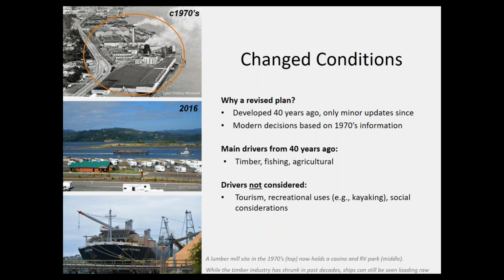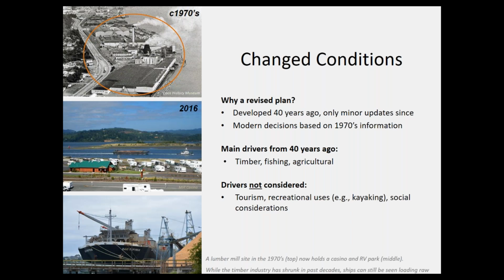So why do we need to do the revisions? Obviously, because as shown in the pictures, the development that happened 40 years ago is not the development that's happening now. The main drivers 40 years ago in our area were timber, fishing, and agricultural uses. I would say those are still some of our main drivers, but we really need to consider what other drivers are in our area.